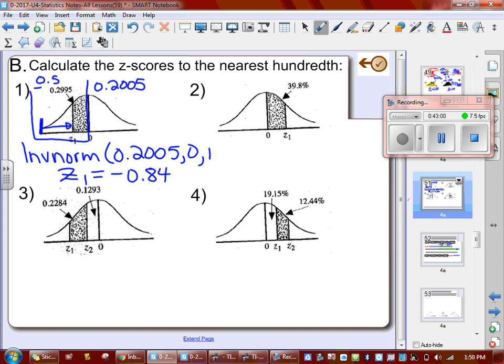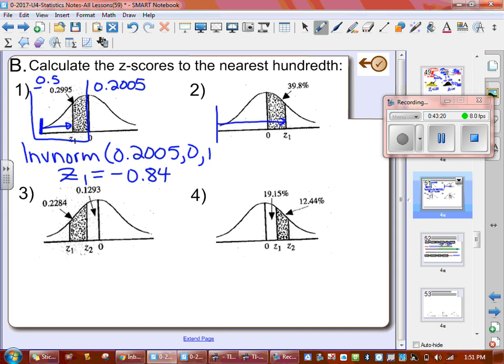Okay, number 2. They gave us the region on the right-hand side, but we need to find from there till the line. So again, we know that 0.5 is over here. We change this to a decimal by dividing by 100. And then we're going to add those numbers because that's going to be my full region.